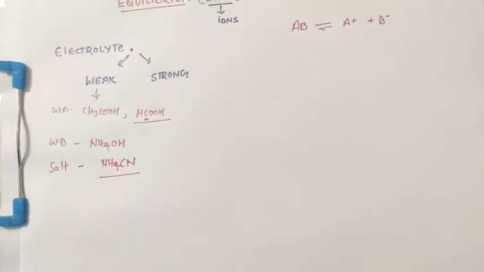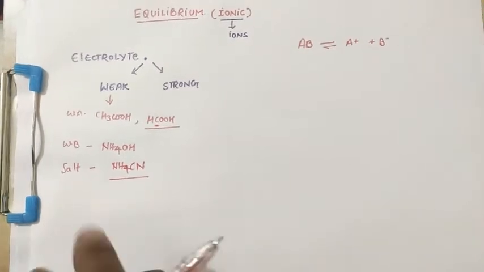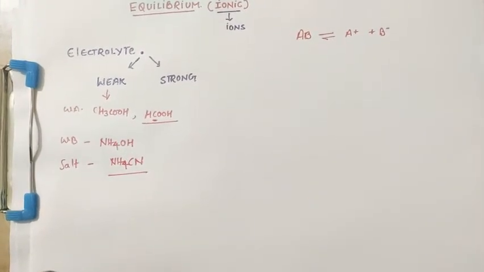For example, hydrogen cyanide HCN is a weak acid and NH4OH is a weak base. They combine to form the salt NH4CN, so it will be a weak salt. Such electrolytes are known as weak electrolytes.